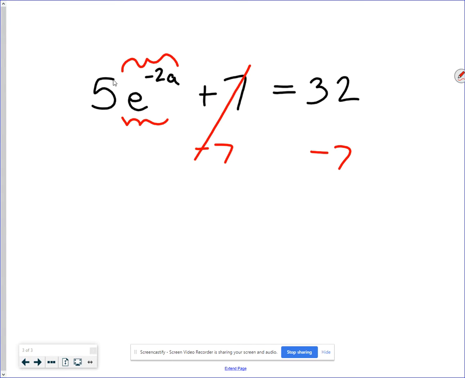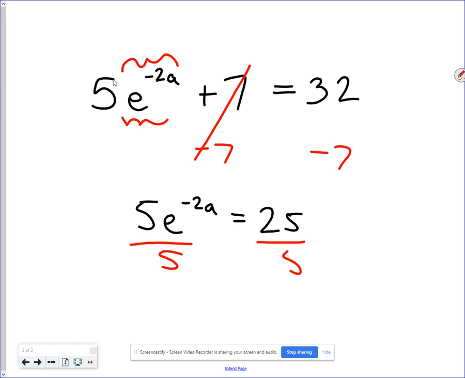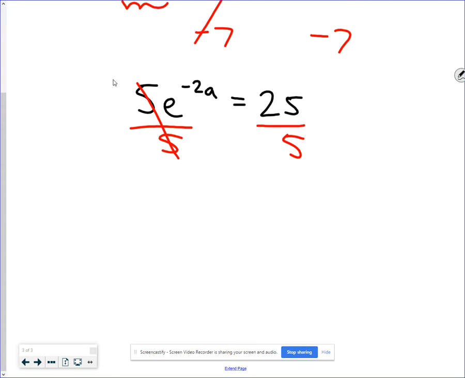Then we end up with 5 times e to the negative 2a is equal to 32 minus 7, which is 25. Then I can divide both sides by 5. This cancels out. And then I get e to the negative 2a is equal to 25 divided by 5, which is 5.